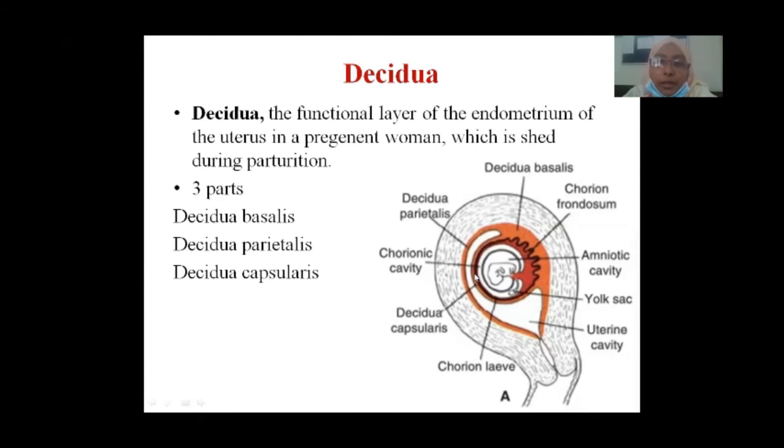This is our decidua capsularis, which covers the chorionic cavity, and this brown color endometrium is the decidua parietalis, that covers the rest of the wall of the uterus.